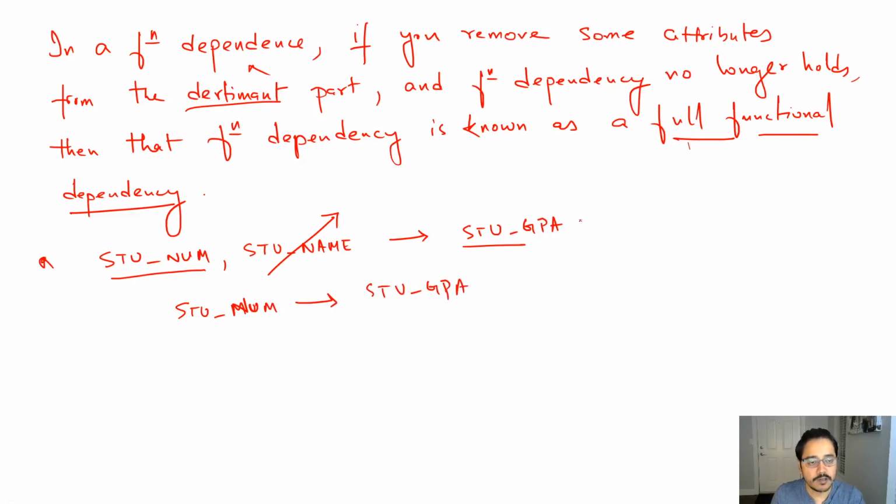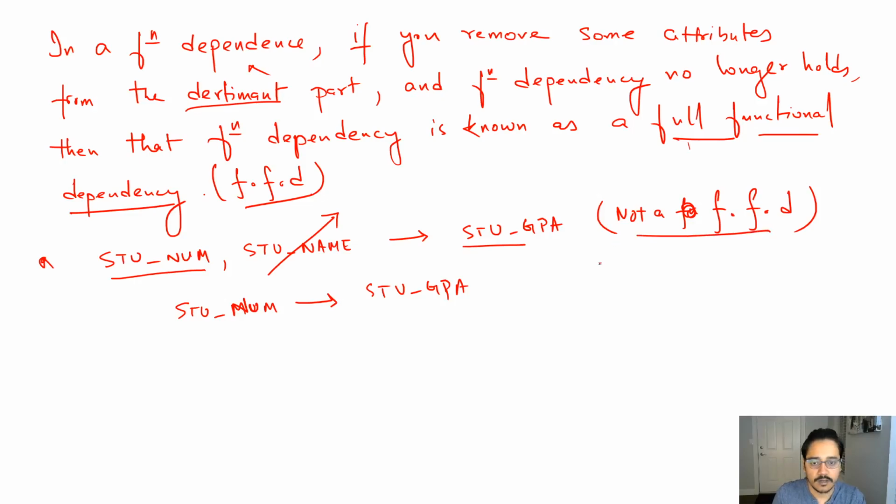So that means this particular relation is not a full functional dependency, or FFD, where FFD stands for full functional dependency. But now if you remove student number, you are no longer able to determine the value of student GPA. So at this point, this particular relation where student number determines the value of student GPA is a full functional dependency.